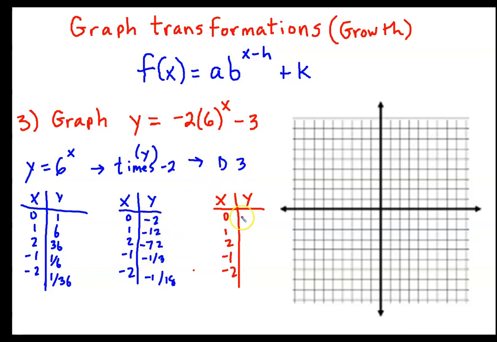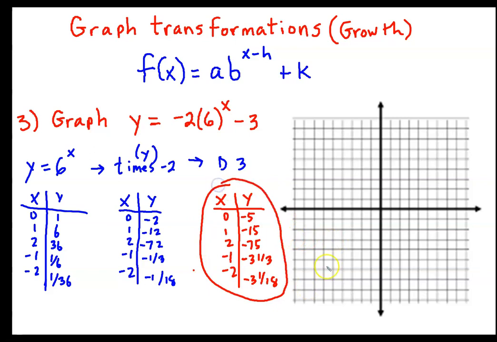So -2 minus 3, -12 minus 3, -72 minus 3, -1/3 minus 3, -3 1/3. And -1/18 minus 3, -3 1/18. All right, so this is my table that I'm actually going to plot and graph.